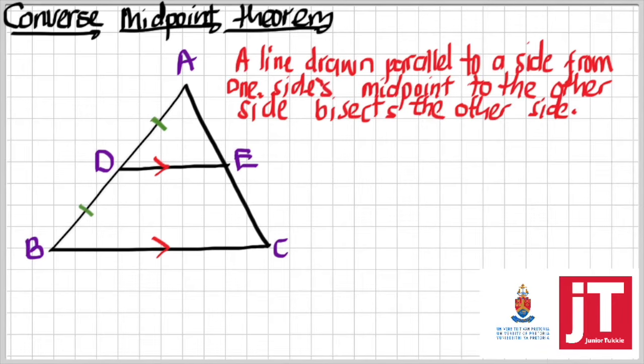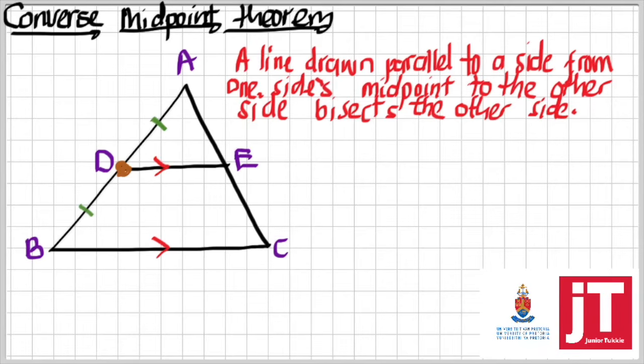So we're told here, to summarize it, that if there's a line that has been drawn from the midpoint, assuming that the point D is the midpoint, and is drawn parallel to the third side, then it follows that we are definitely bisecting the other side. So AE now has to be equal to EC as our conclusion.